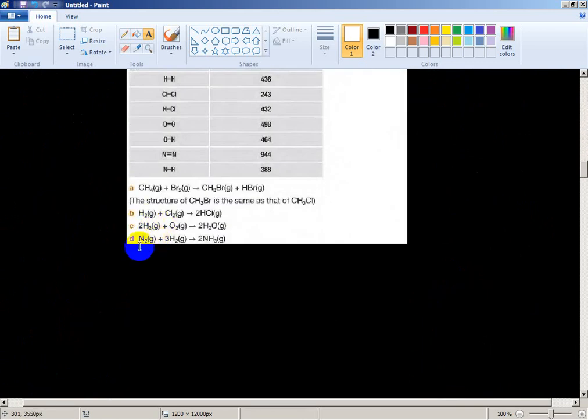So this reaction is A, methane and bromine. Okay, I am writing the reaction, CH4 and bromine.